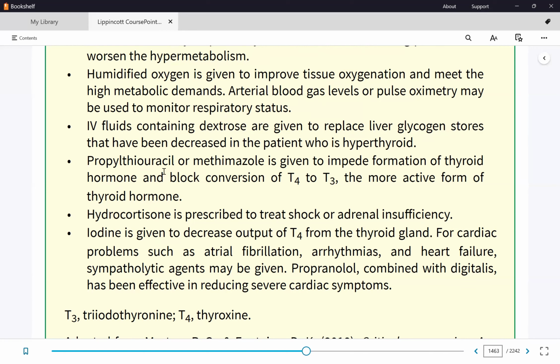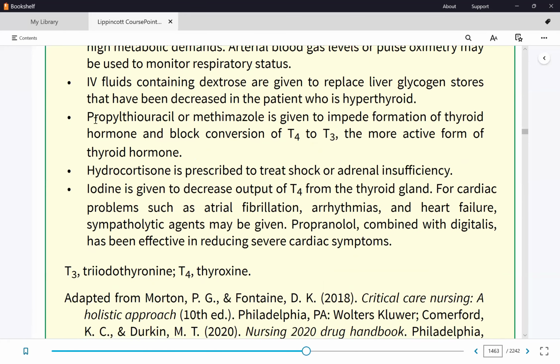I repeat, how they work, how they destroy the thyroid gland and therefore lower T3, T4 levels is whatever iodine you take is not going to bind in the thyroid gland within an hour. So therefore, when you give the iodine preparation here, will it cause a thyroid storm? If you gave it 1 hour after PTU or methimazole, it will not cause a thyroid storm. Does that make sense?